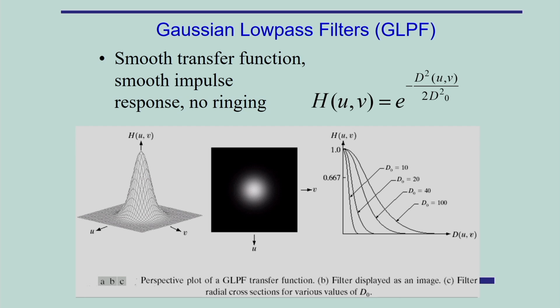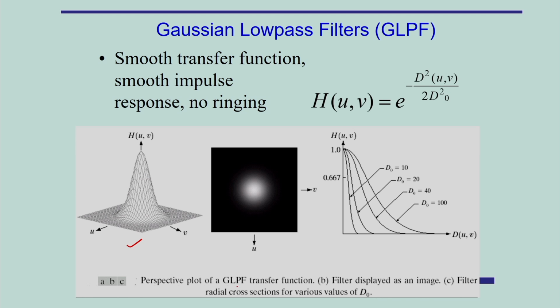And after this, I will discuss the concept of the Gaussian low pass filter. In this case, I am getting a smooth transition from the pass band to the stop band, a smooth impulse response, and the ringing artifacts will be less in the case of the Gaussian filter. The first one shows the Gaussian low pass filter transfer function.